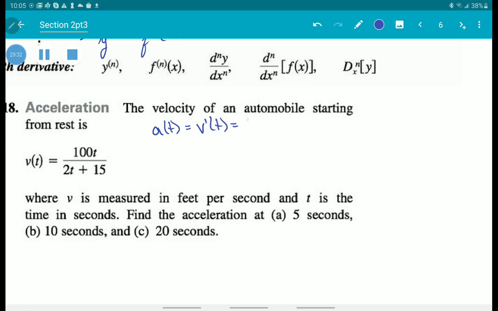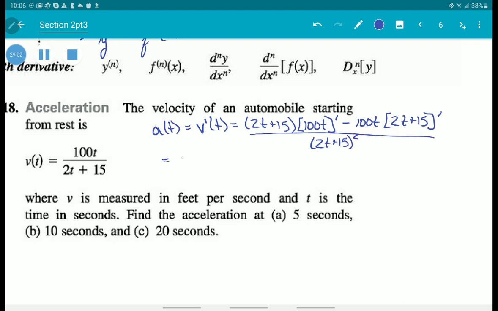It's going to be the bottom function times the derivative of the top, minus the top times the derivative of the bottom, over the bottom squared. So now I'm going to take derivatives. The derivative of 100t is 100.